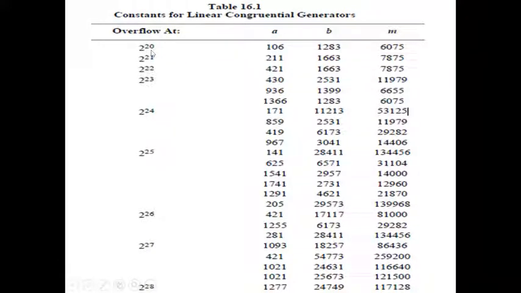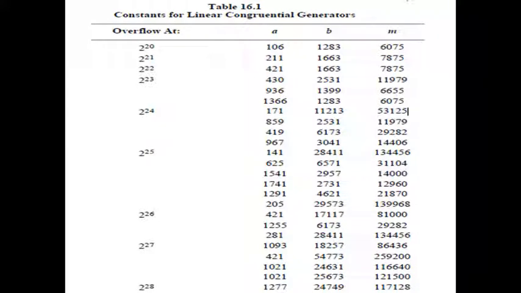That means till 2 power 19, I'm going to get the sequence. So the sequence is so long, you get an unrepeatable random sequence until I reach the value 2 power 20. At 2 power 20, there is an overflow, and generally we stop at that point. And for that, the A, B, and M values are as shown. You can see here.